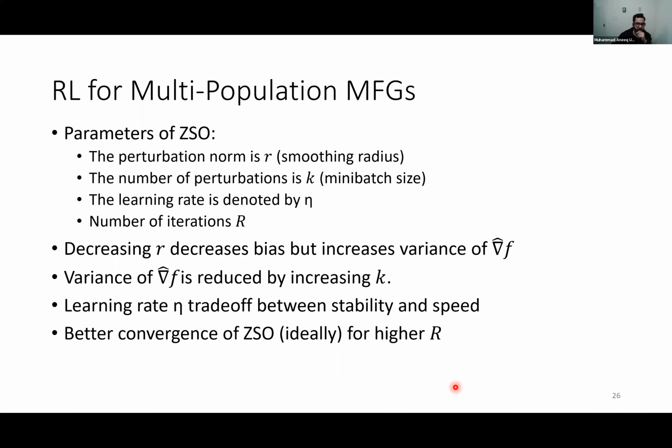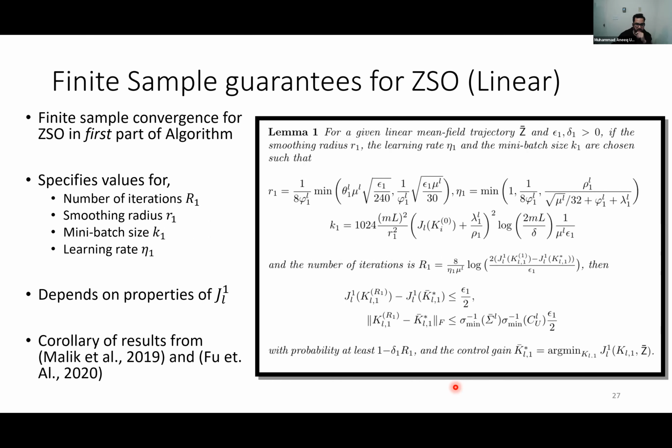Okay. So the first of the lemmas for the proof of convergence of the RL algorithm: we prove that the ZSO for the linear controller will converge, given that the number of iterations, the smoothing radius, the mini batch size, and the learning rate are set in a particular manner, and basically it can be proved using results from literature.